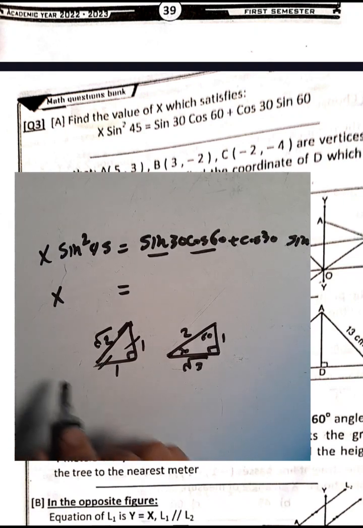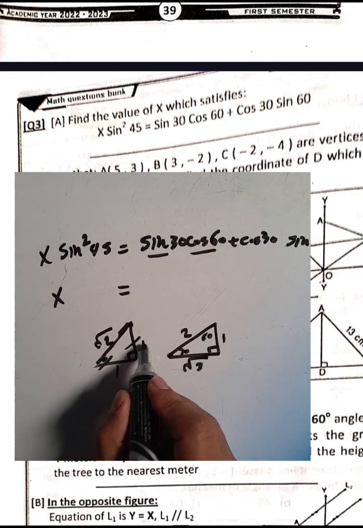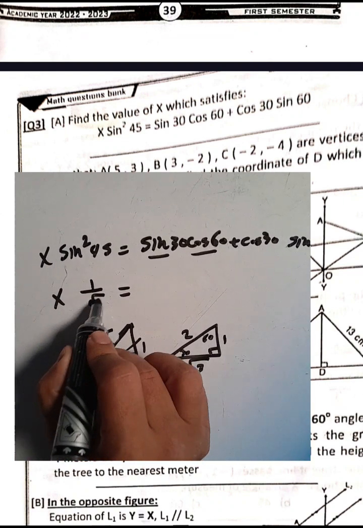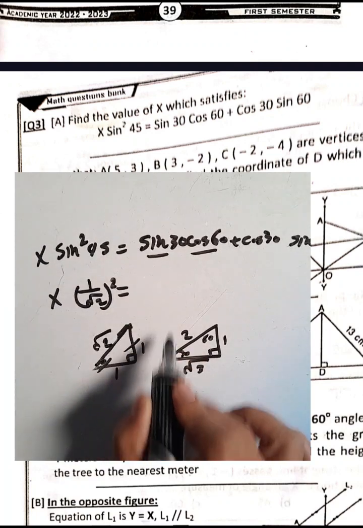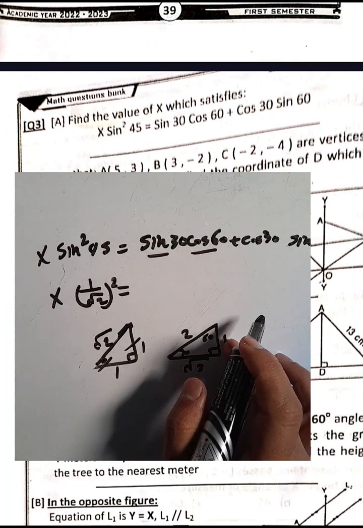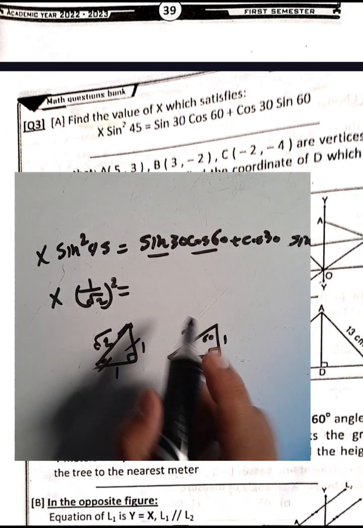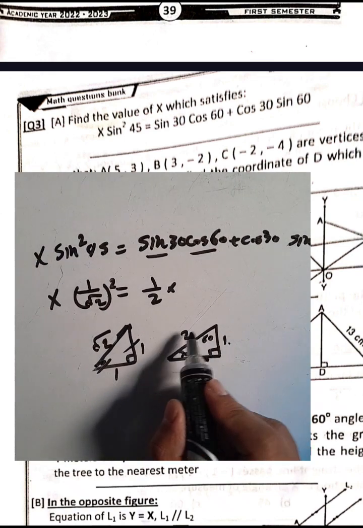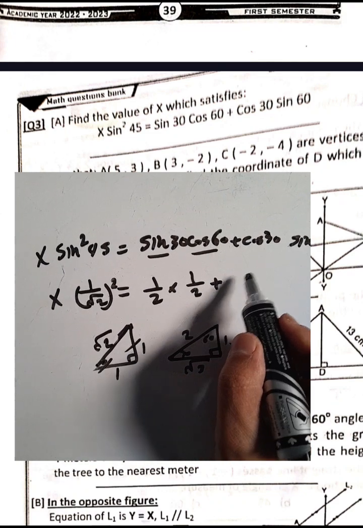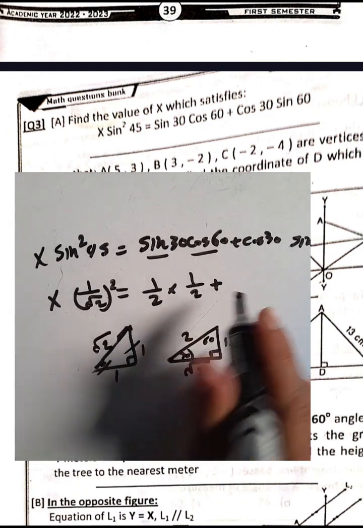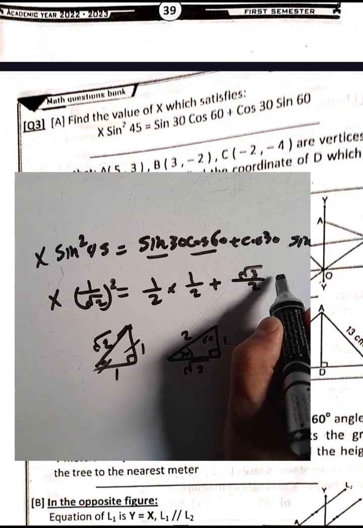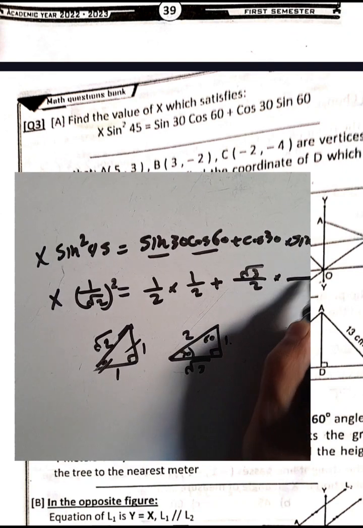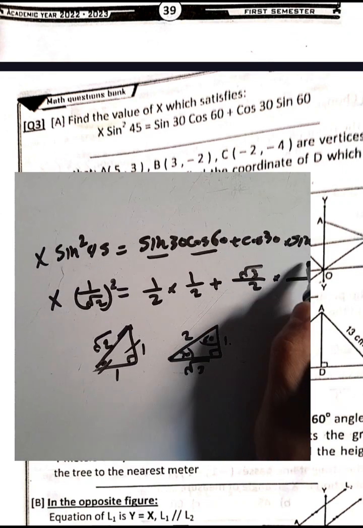Sine 45 is opposite over hypotenuse, 1 over root 2, all squared. Sine 30 is opposite over hypotenuse, 1 over 2, times cosine 60, adjacent over hypotenuse, 1 over 2, plus cosine 30, adjacent over hypotenuse, root 3 over 2, times sine 60, which is root 3 over 2 again.